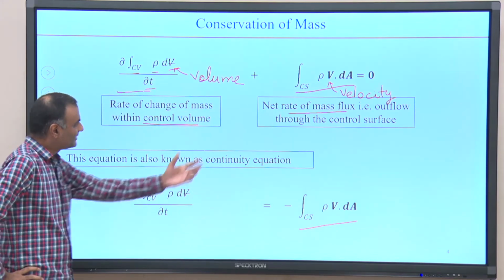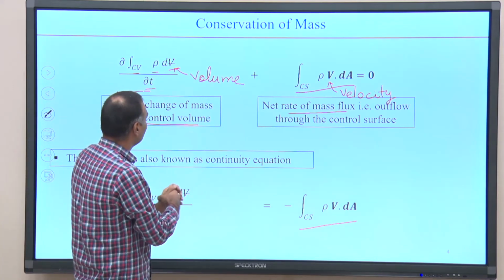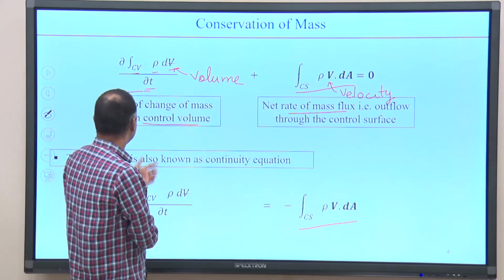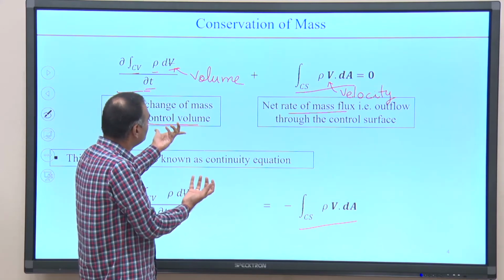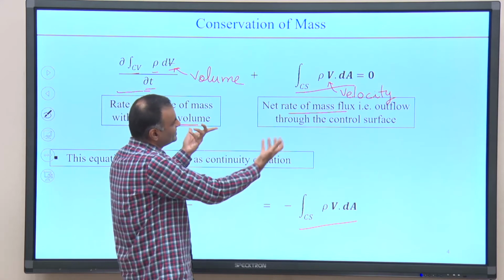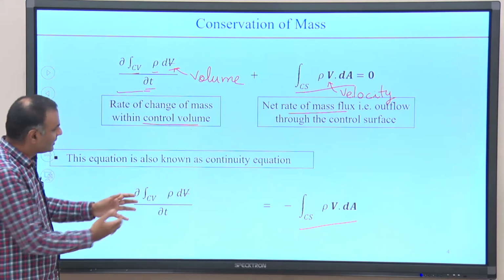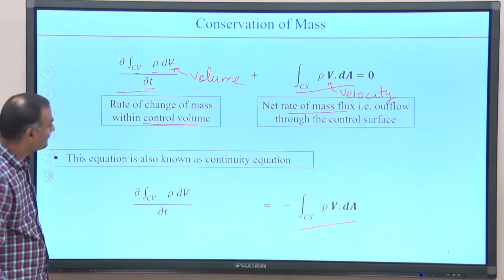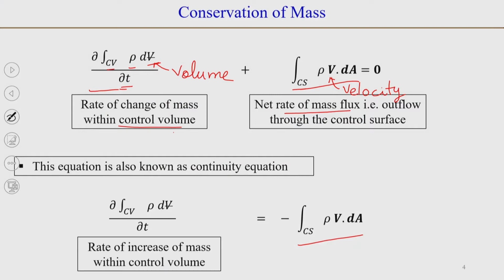If we write both the terms on one side, then we can say that the rate of increase in the control volume plus the mass going out will be equal to the net rate that is coming in. So, this equation is pretty simple to understand.